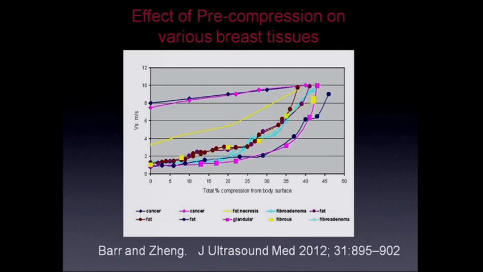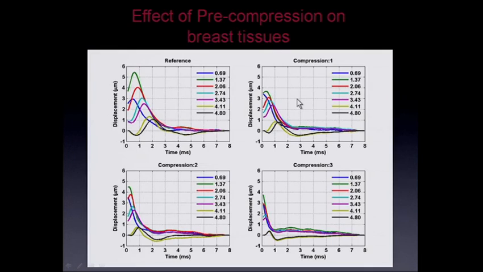Again, this is the result of our study. Here you can see different tissues, and as we apply different amounts of pre-compression, everything begins to increase in velocity, so that at approximately 40% pre-compression, even fat has the same velocities as cancers. Just to show you, these are the shear waves and what happens as we apply pre-compression.